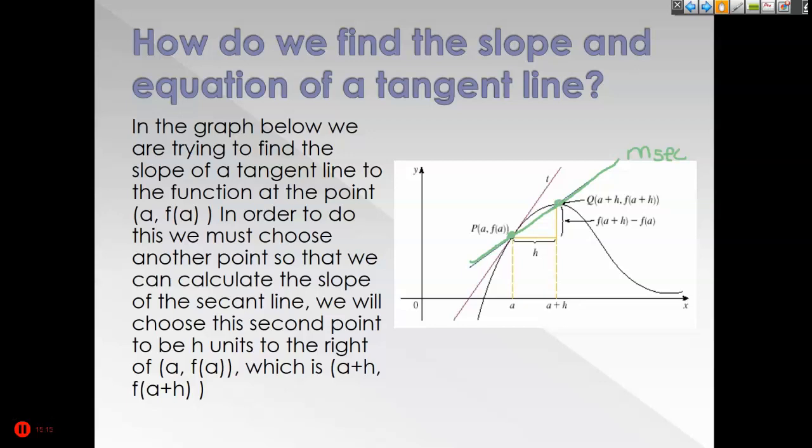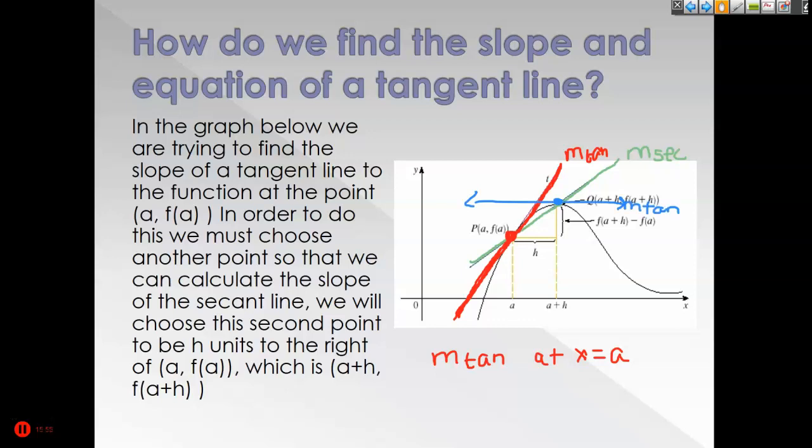The tangent, just like on my graph on my calculator, hits the graph once at the point in question. So that red line represents the slope of the tangent at x equals a and only a. The slope of the tangent at a different point, at this a plus h, would be different.